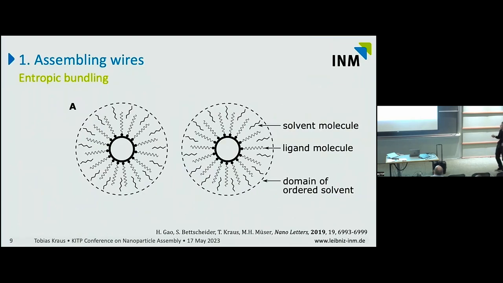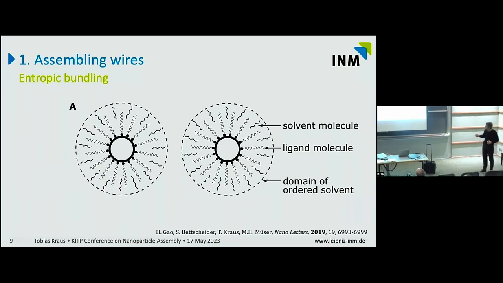So what apparently happens is that there is this shell of oleylamine, which is exaggerated here as linear, which is not true, it's a bit kinked in reality. And it appears that these solvent molecules form a little bit of an ordered layer in the close vicinity. You can see these layers with small angle neutron scattering. You can also simulate it, as Martin Müser has done.